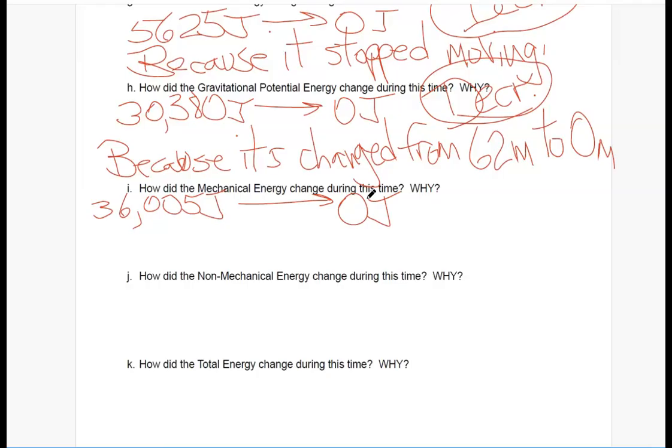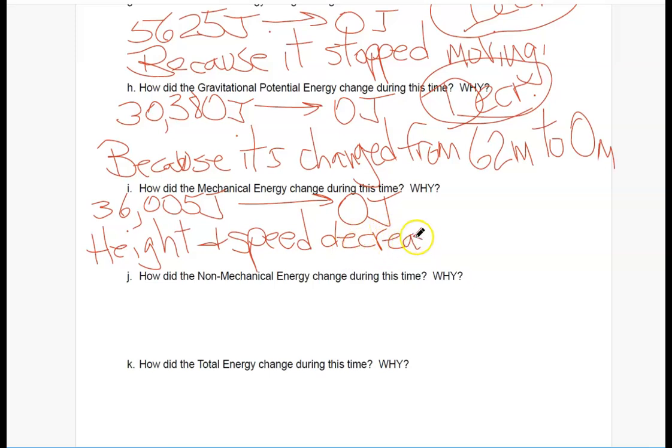So why did the mechanical energy decrease? Well, the height decreased, and that dropped the gravitational potential energy, and the speed decreased, that dropped the kinetic energy. And in fact, both of these decreased to 0. 0 meters or 0 meters per second for the height and speed respectively.